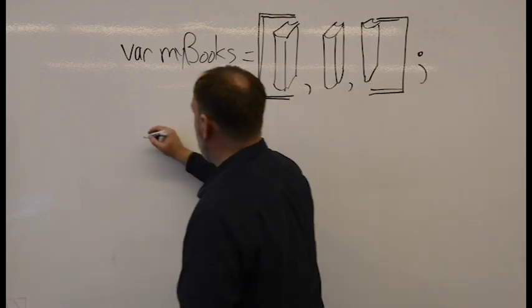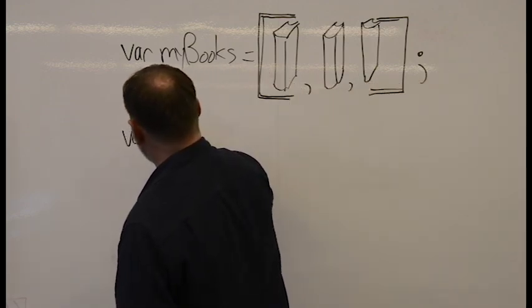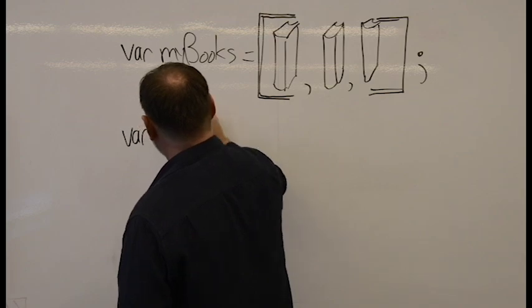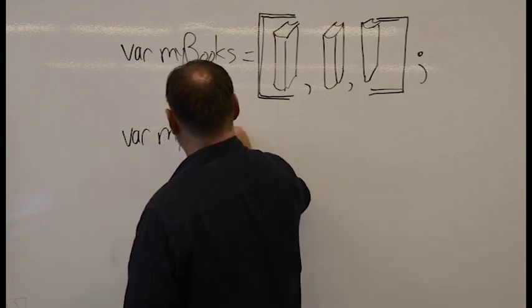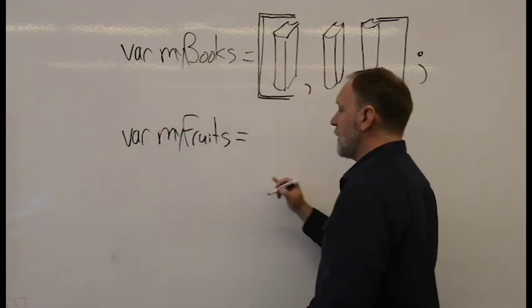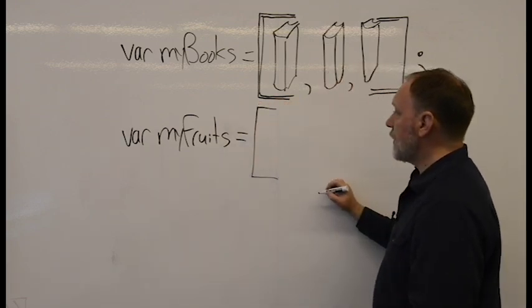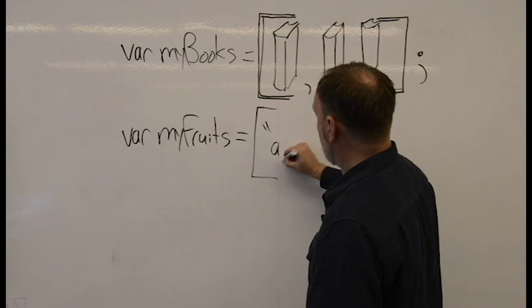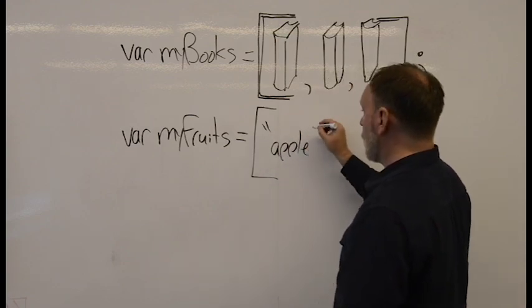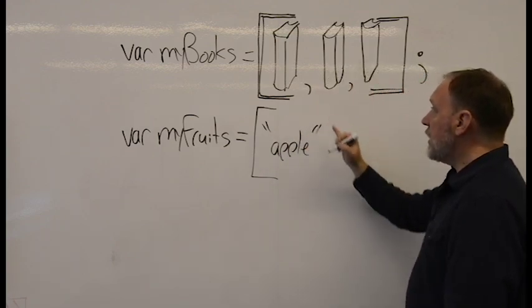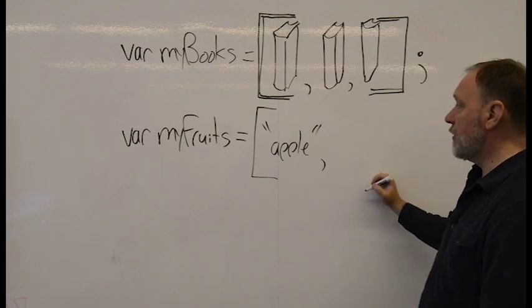Let's make a more concrete example in coding. Again, in JavaScript here, myFruits is the name of the variable for an array with our square brackets of fruits. So I'm going to put an apple in here. It's a word, so I'm putting it in quotes. Each item is separated by a comma.